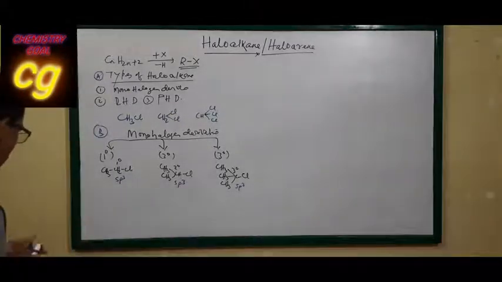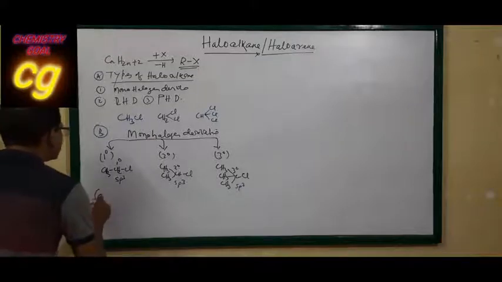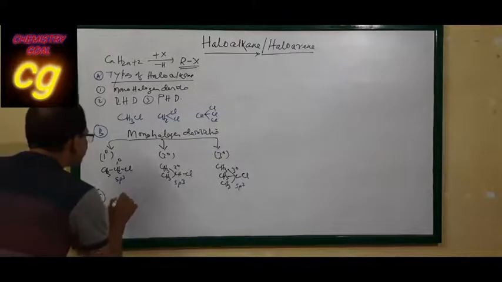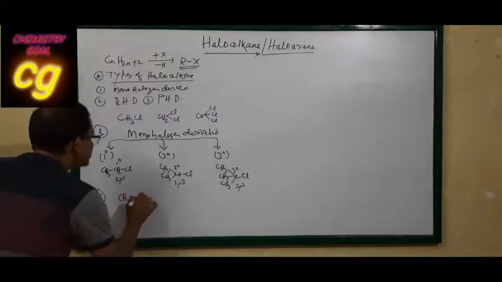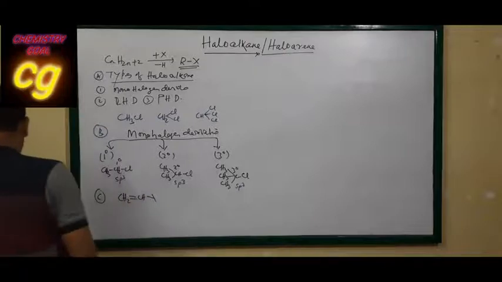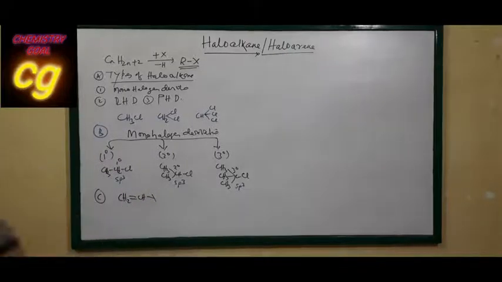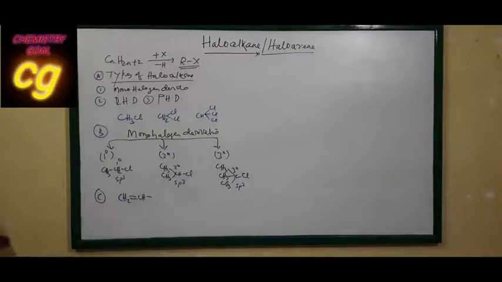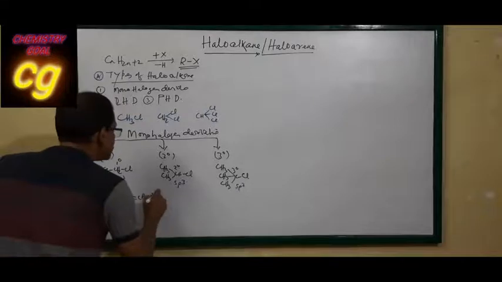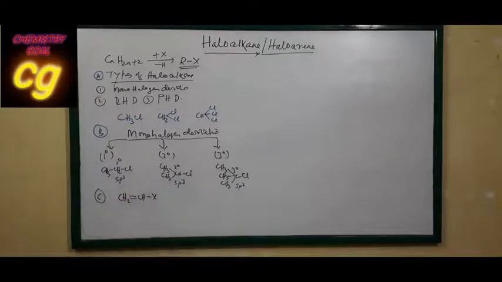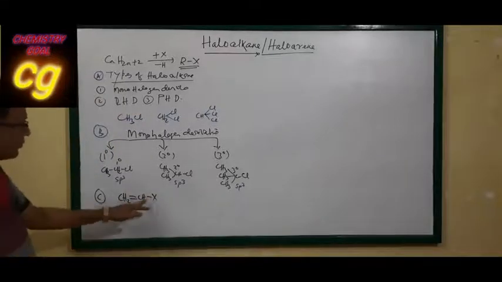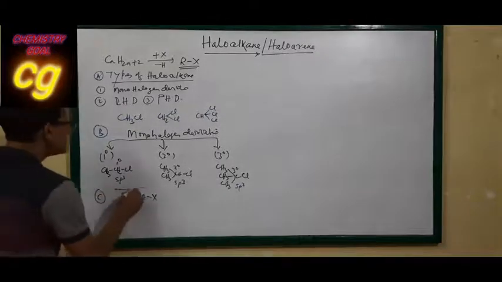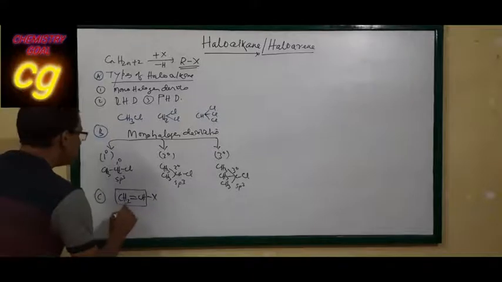But if you take another type, that is also a monohalogen derivative, if it contains a double bond compound, and the halogen attaches to the double bond carbon, let it be like this, then we can say it is also a monohalogen derivative, but the difference is this group is called vinyl.